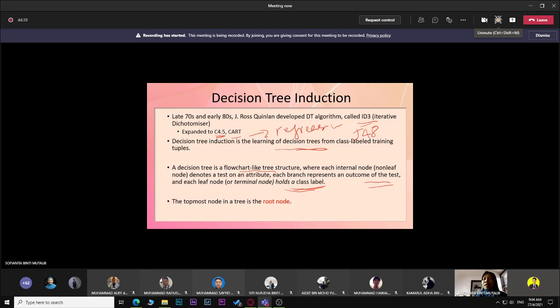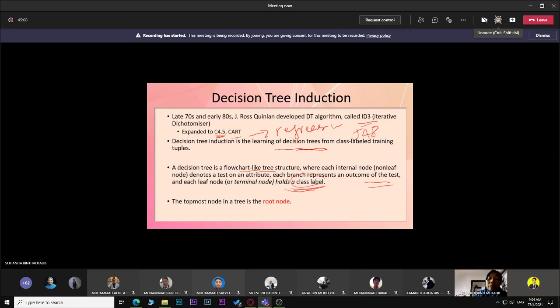What is a leaf? It is an end node. There are no more branches below it. And this leaf represents what we call the class label. If the class label is yes or no, you will see the value in the leaf, whether it's yes or no.